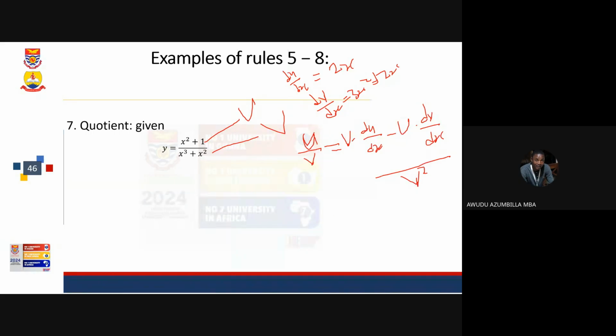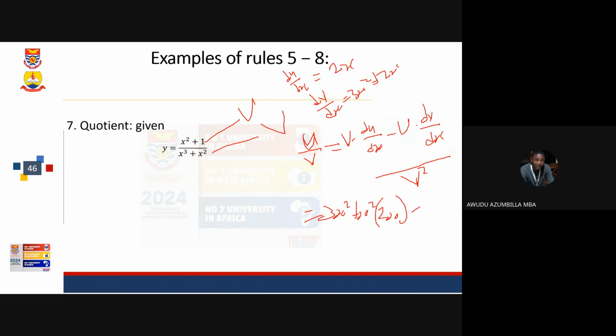So you know your du/dx, you know your v, you have to substitute the formulas inside. What is v here without differentiating? v is 3x squared plus 2x. Then you multiply this by du/dx. du/dx is 2x.